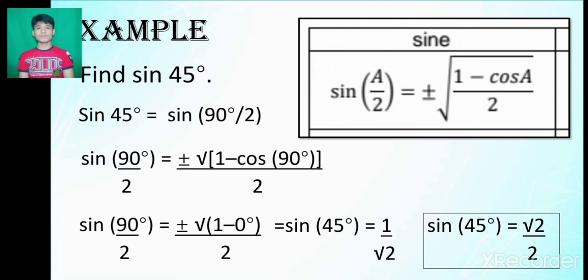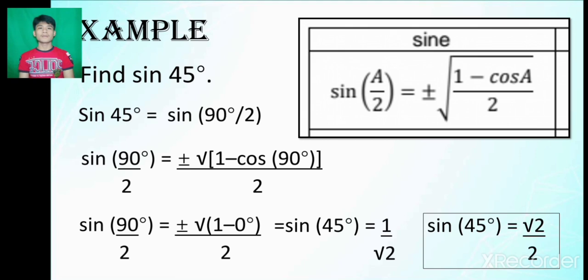As we all know, sine 45 degrees is equal to sine 90 degrees over 2. So proceed: instead of sine 45 degrees, just use sine 90 degrees over 2 is equal to, just substitute it into the given formula.